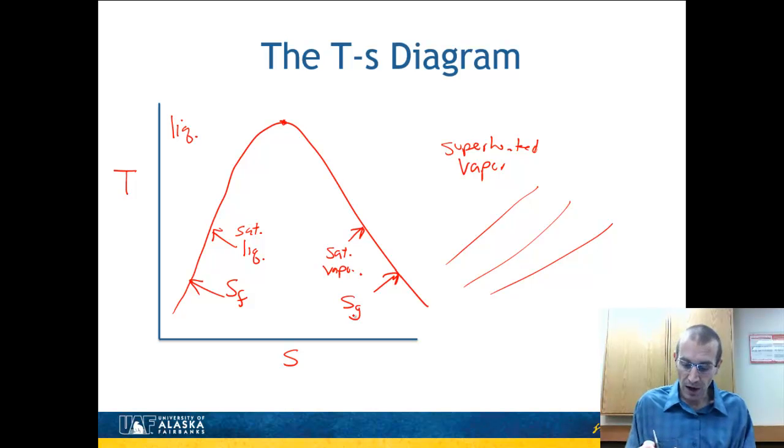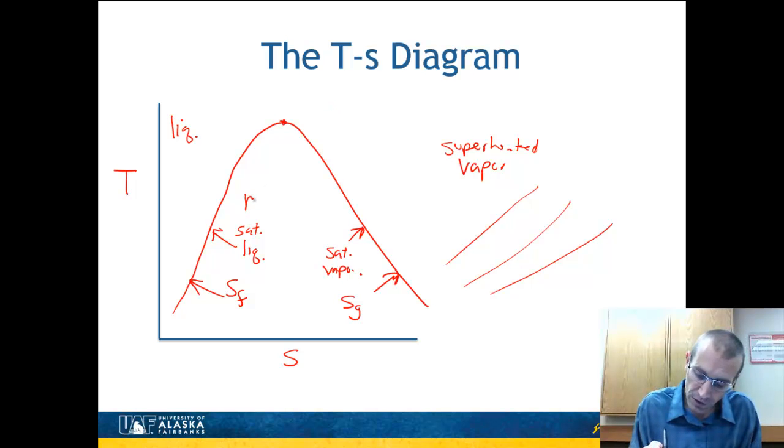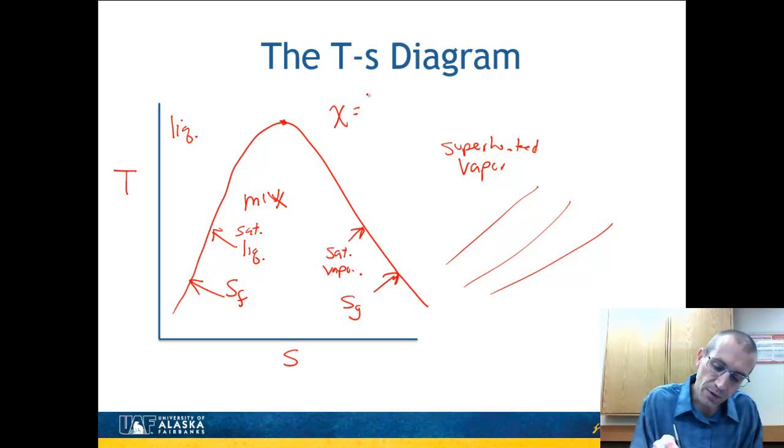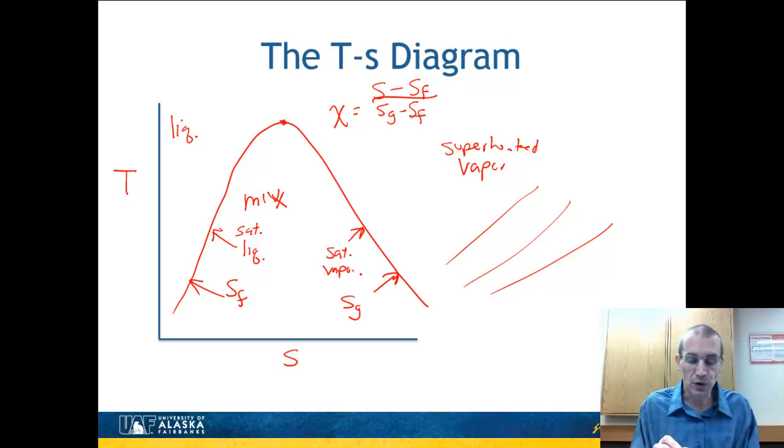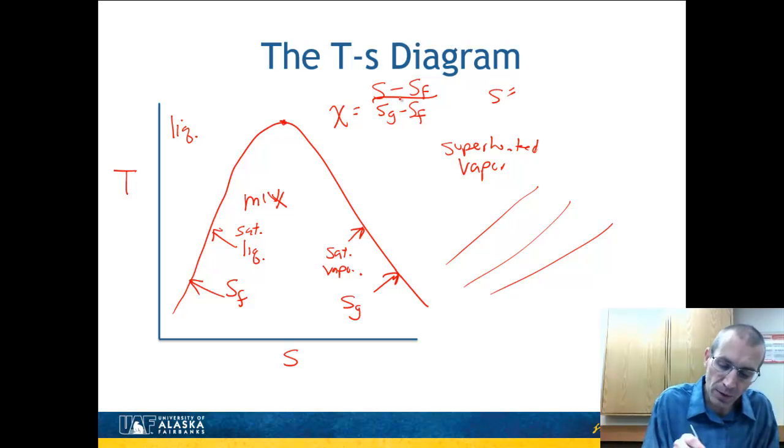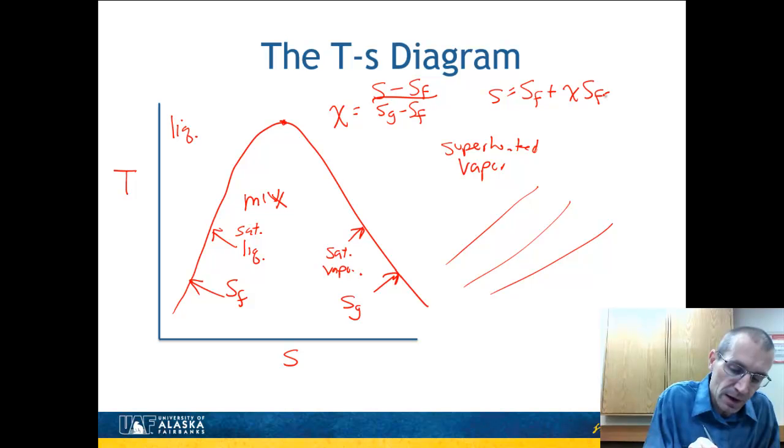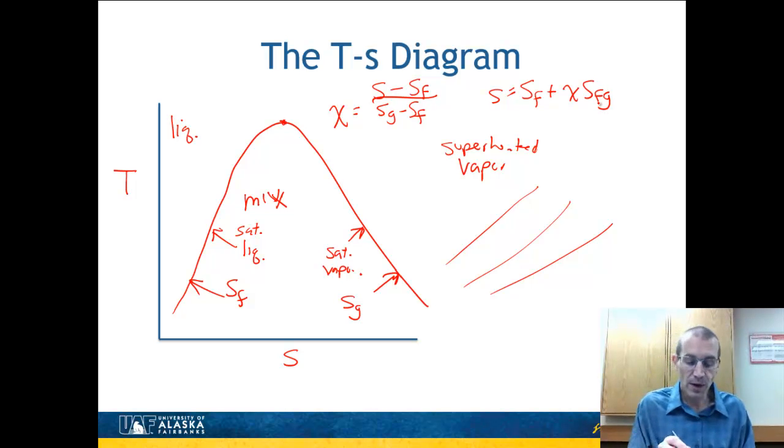If I want to determine the quality for something underneath here, in this mixture region, x is defined similar to what we did with internal energy: x equals (S minus S_f) over (S_g minus S_f). Or to solve for the entropy of a mixture, rearranging this equation, S is S_f plus x S_fg. So we realize that entropy S is a lot like internal energy, enthalpy, and volume, and we'll add S to that list of properties.